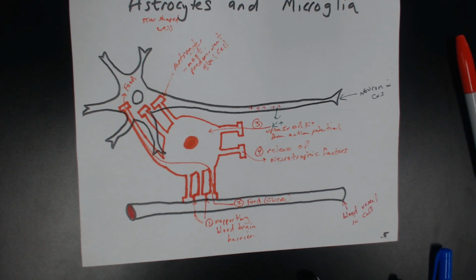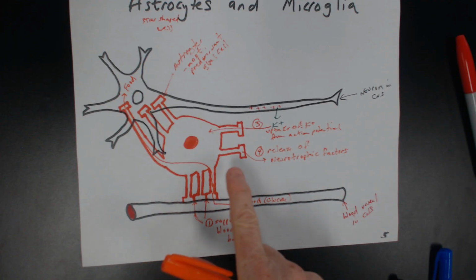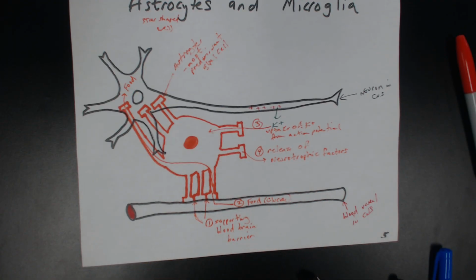Has anybody ever heard of neurotrophic factors or know what they would be or what they do? During development, neurotrophic factors are going to be really important. And also during neural rehab, they're going to be super important. Neurotrophic factors are going to be released by this astrocyte into the extracellular space, and they're going to help guide axons to where they need to go.